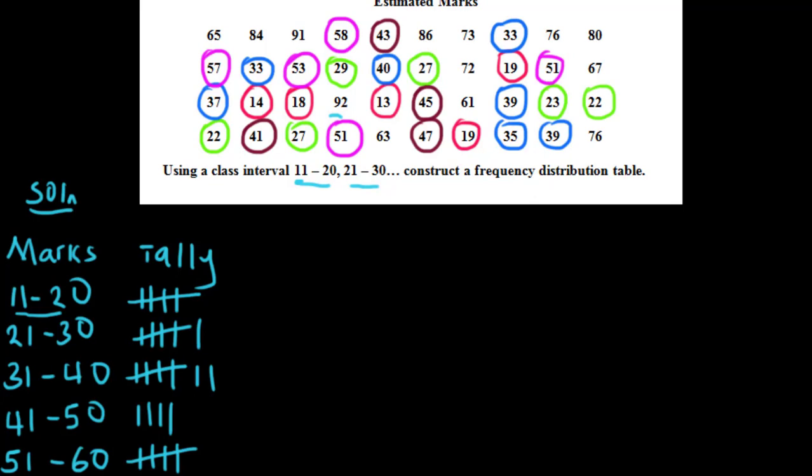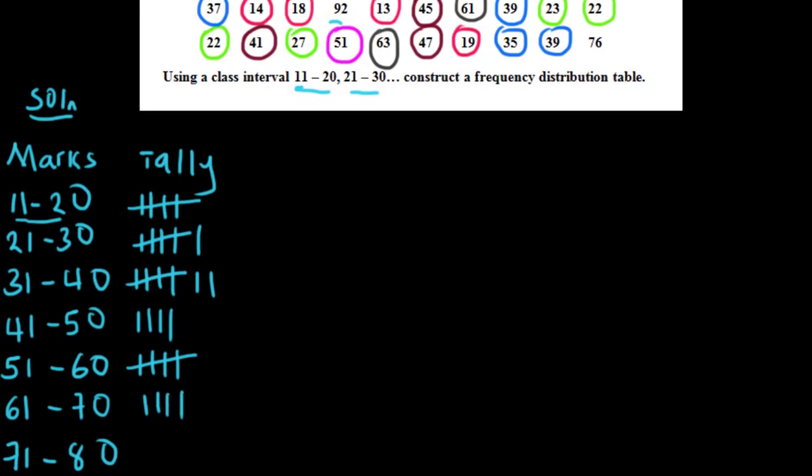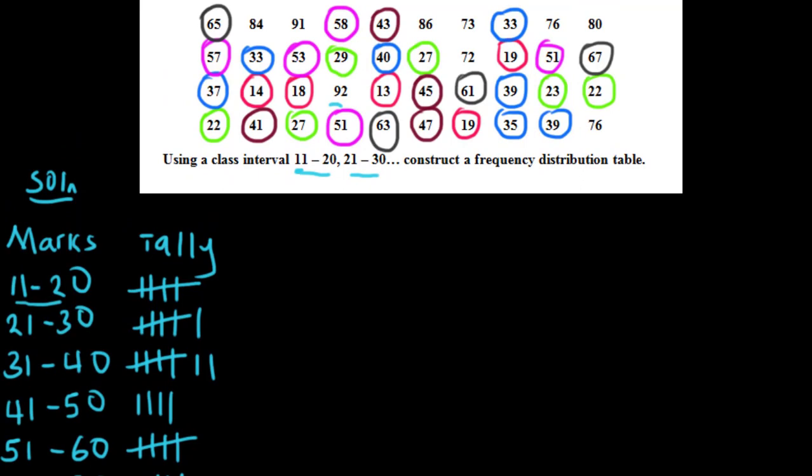Next is 61 to 70. We've got 1, 2, 3, 4. So we have 4. The next is 71 to 80. 1, 2, 3, 4.